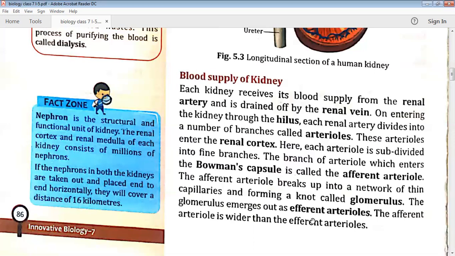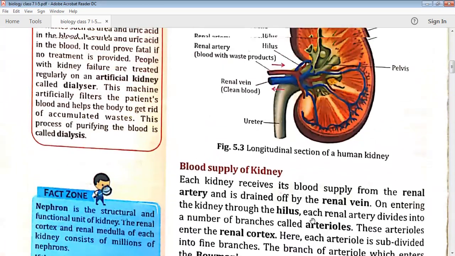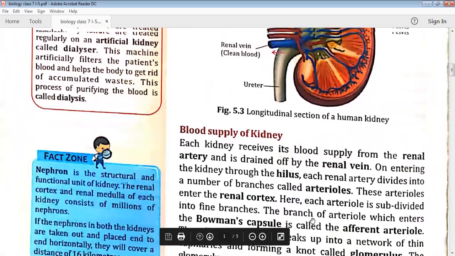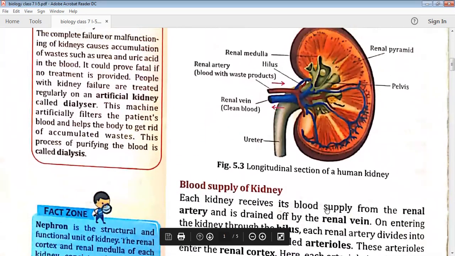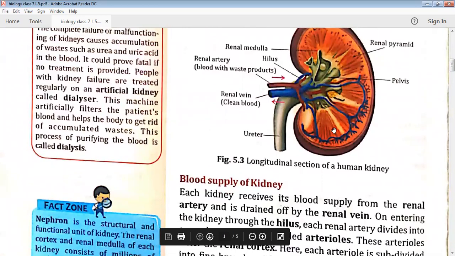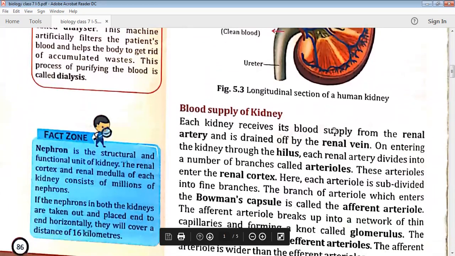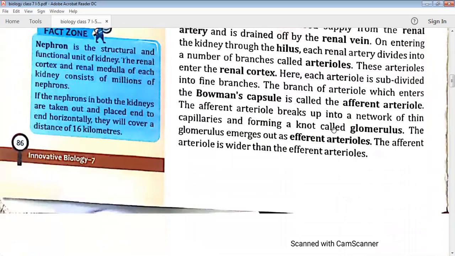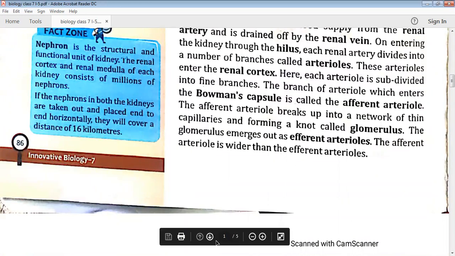So when the arterioles have reached the renal cortex, these line-type structures, as you can see in the structure of the kidney, are basically the branches of arterioles which enter into the Bowman's capsule, and then break up into a network of thin capillaries forming a knot called the glomerulus. So this is how blood supply takes place through the kidney.